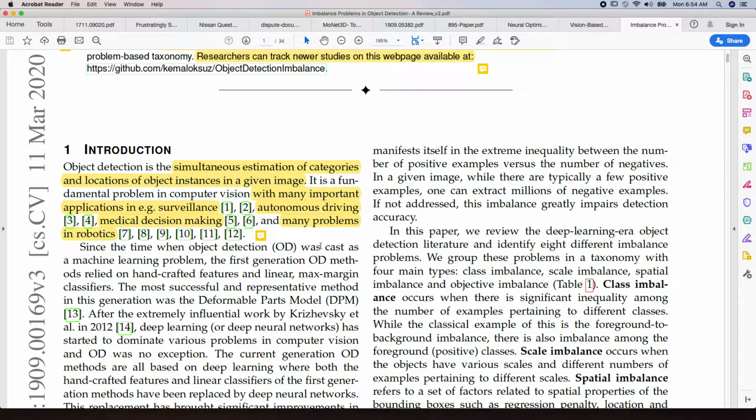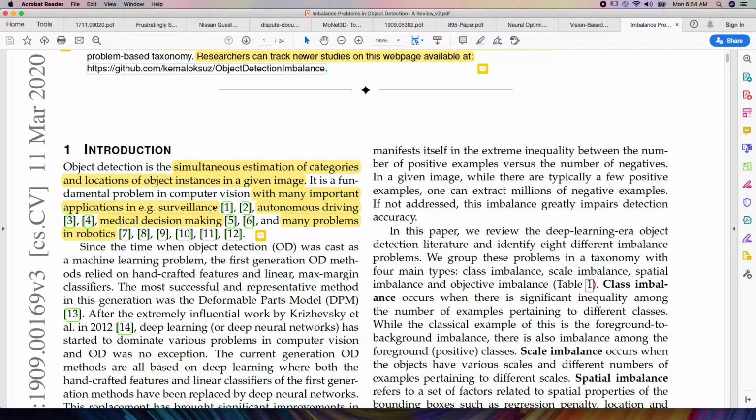Or to monitor when something actually approaches a particular vicinity. So that's object detection used in surveillance.